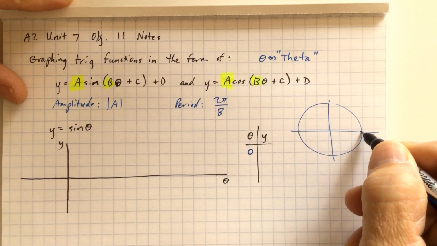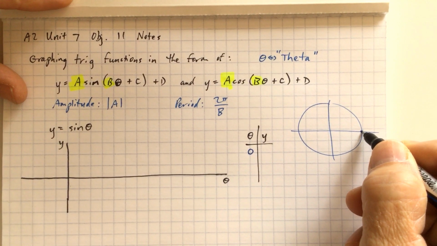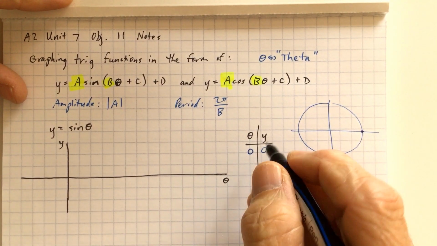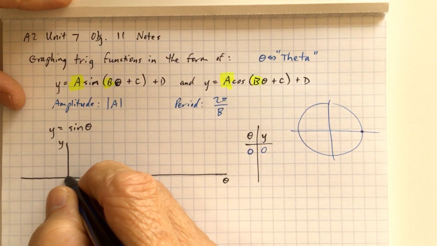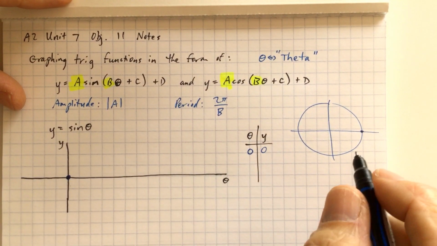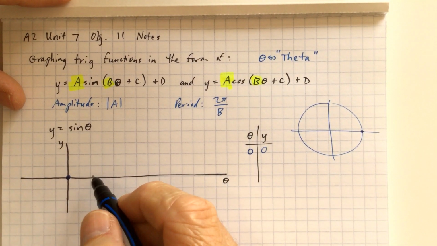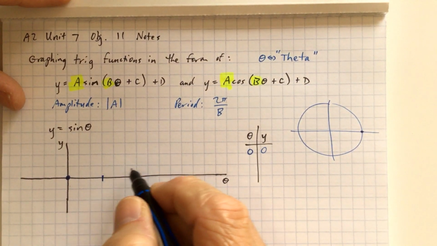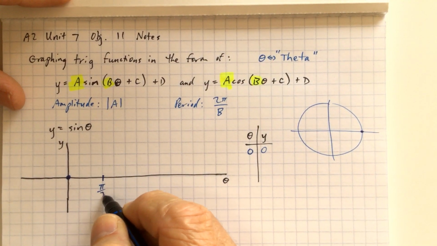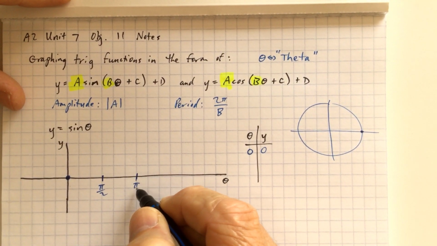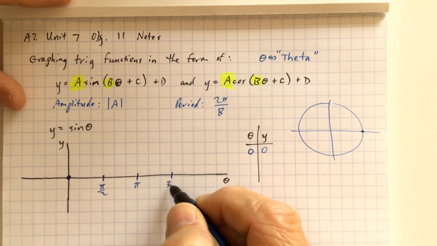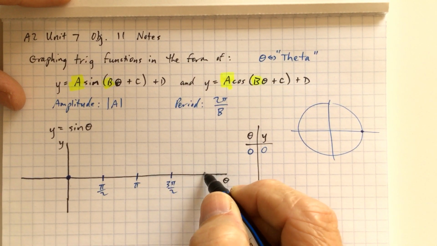The sine of 0 is the y-coordinate of that point, and that's 0. Then we plot the point 0, 0. And then we're going to go all the way out to 2 pi. So let's do pi over 2, pi, 3 pi over 2, and then 2 pi.